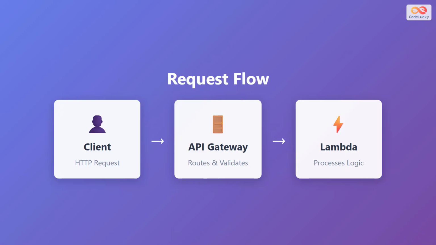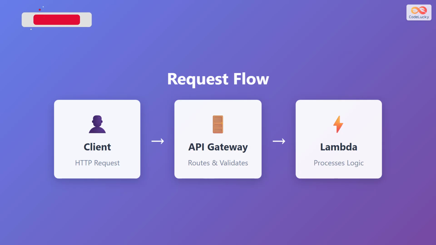Let's examine how a request flows through the system. It starts with the client, which could be a web browser, mobile app, or any HTTP client sending an HTTP request. This request first arrives at API Gateway, which acts as the entry point for your API. API Gateway performs several important tasks. It validates the request format, checks authentication and authorization, applies any rate-limiting rules, and routes the request to the appropriate Lambda function.